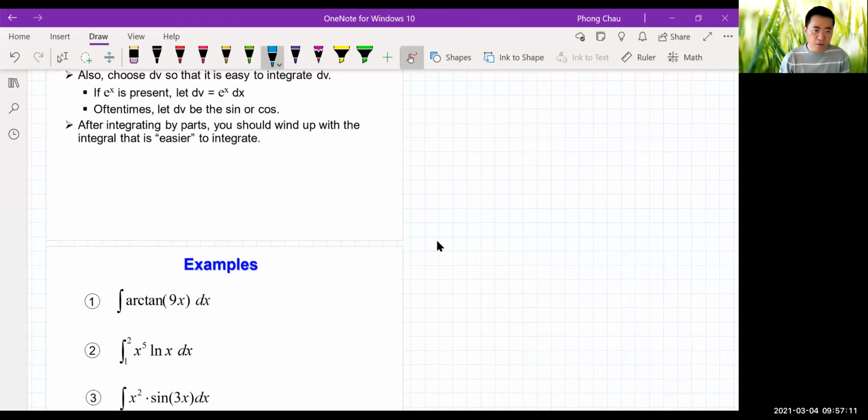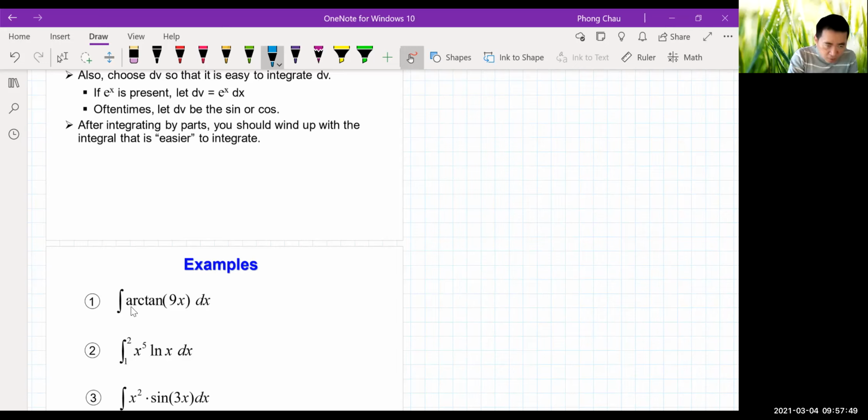In example 1, we are finding the indefinite integral of arctangent of 9x. I know there's a common mistake here. When you apply integration by parts, be aware that you identify the two parts of the functions in the integral.